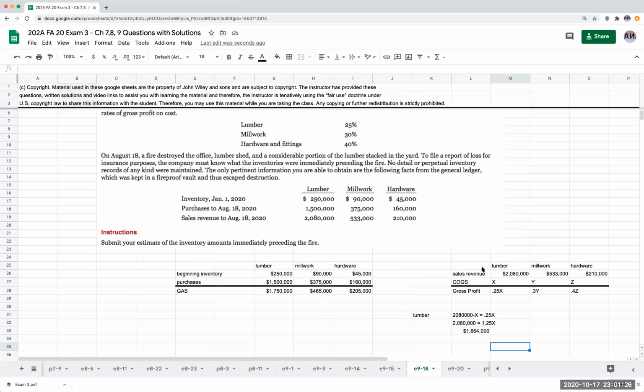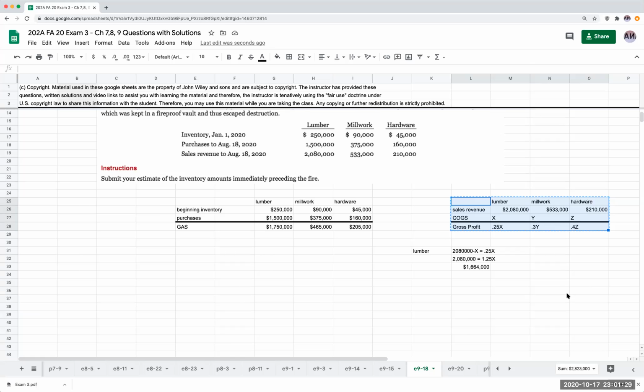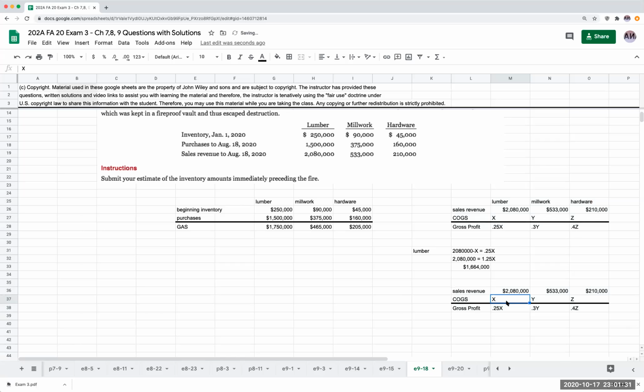If I plug this in and subtract this out, this is 416,000. So 1,664,000 times 0.25 equals 416,000. What I'm always doing here is taking this 25%, or 30 or 40, and multiplying it by the cost of goods sold to make sure I got the right amount.